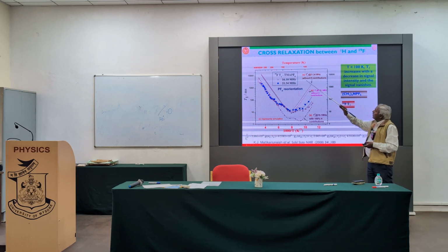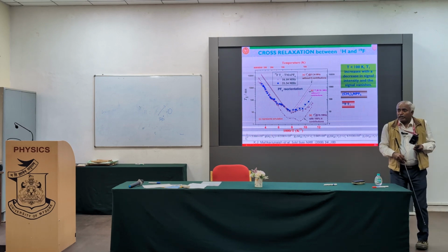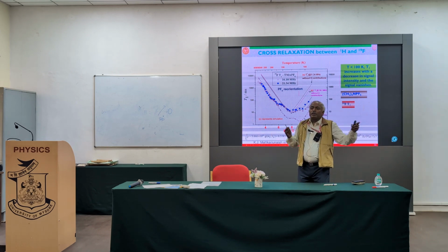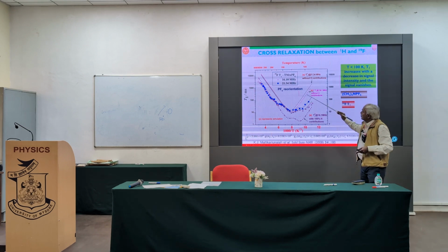Here, we even estimated what would happen if there is no hydrogen contribution to the relaxation. Like Lakshmi and Vanasa, they are relaxing, another person is also able to dictate the relaxation. If that other person had not been there, the data would have gone according to this dotted line.